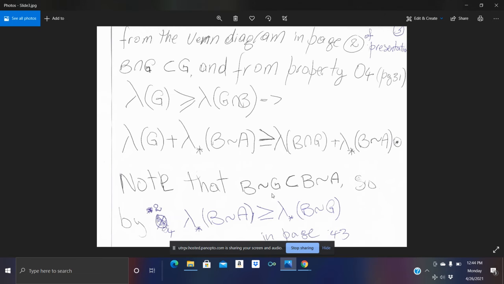One thing we need to note here is that B minus G is a subset of B minus A, given that A is a subset of G.